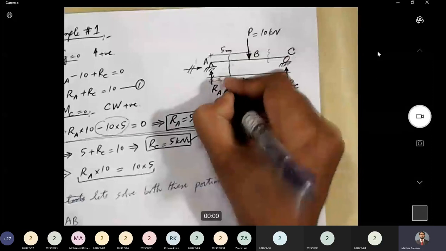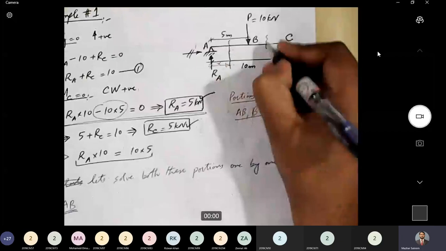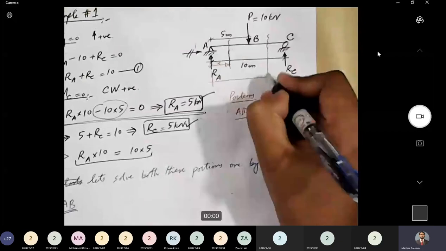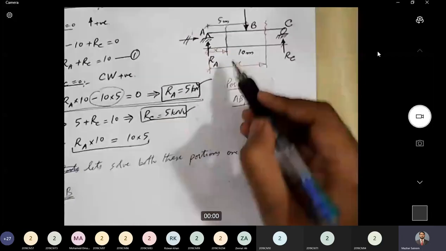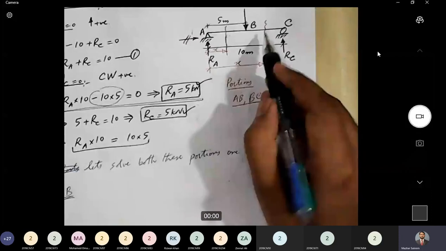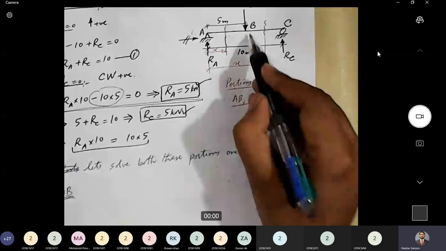Similarly, this is another portion. The location of this portion will also be x. Now, why are we defining these sections in terms of x? Because we want an equation for the entire portion.